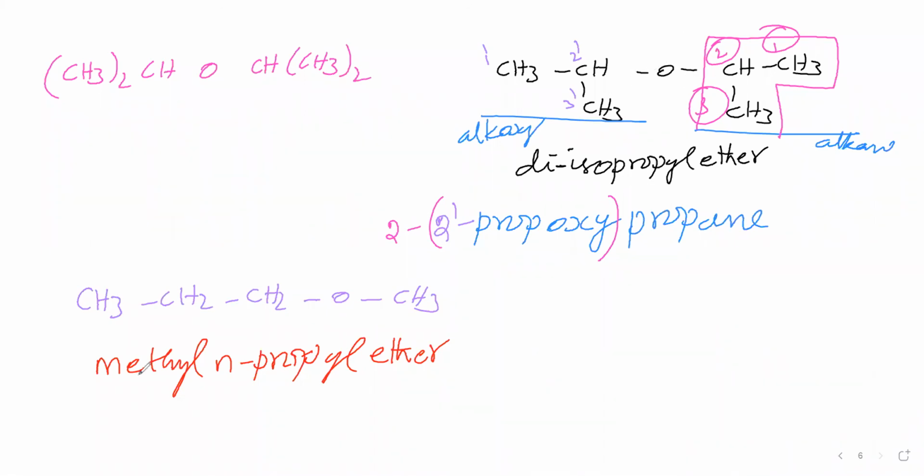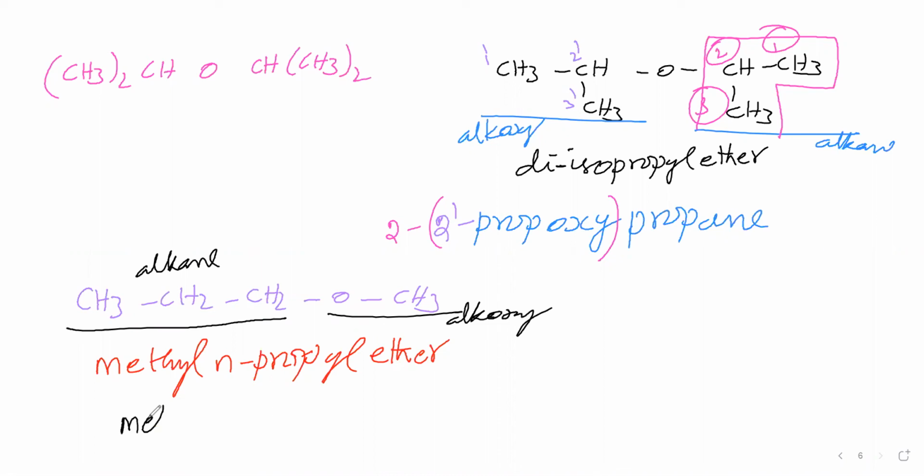Then we will say the IUPAC name. First we will select the alkane part. This is the alkane part, and this is the alkoxy part. This alkoxy part contains 1 carbon, therefore we can say methoxy. This alkane part contains 3 carbon atoms, therefore propane.